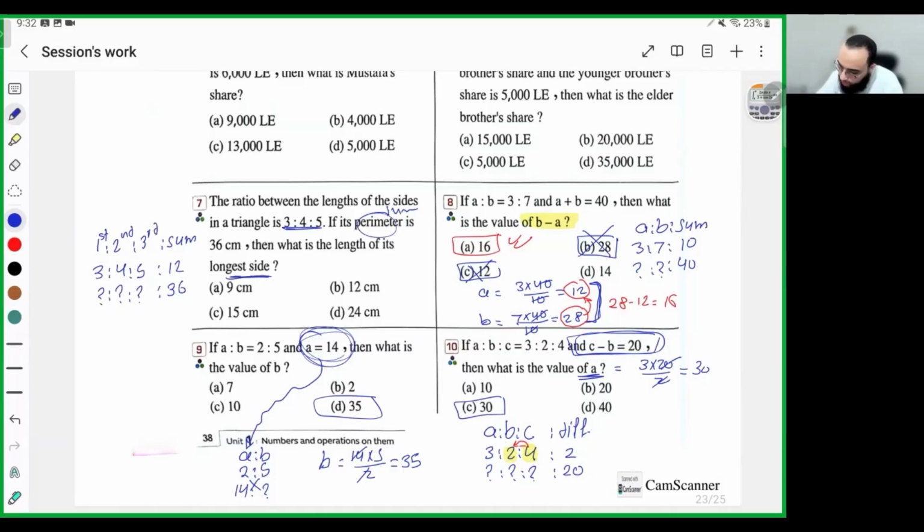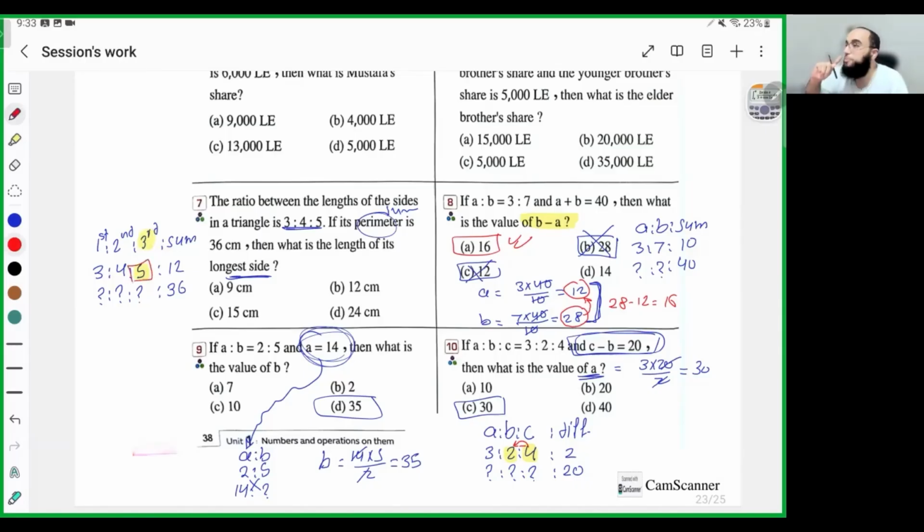You need the longest one. Who is an excellent student? Tell me, what is the longest side? The first, the second, or the third? Actually, the third. You know why?